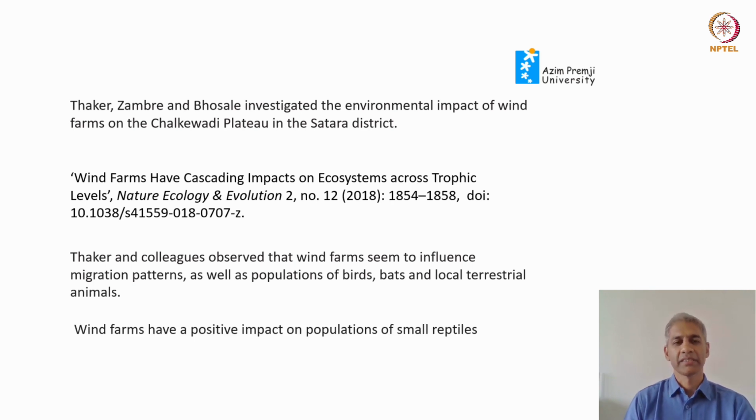And here is a hypothesis: that wind farms have a positive impact on populations of small reptiles. So these would be the prey for certain bird populations, more specifically predatory birds, right? Like buzzards, eagles, and kites. So if the population of these birds drops, then one would expect that the population of their prey would increase.